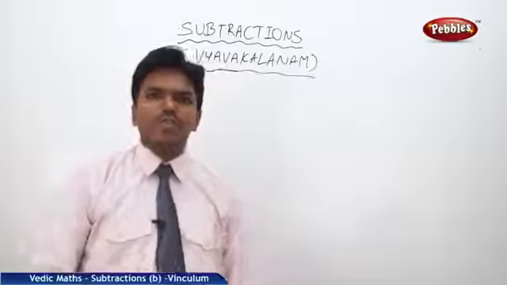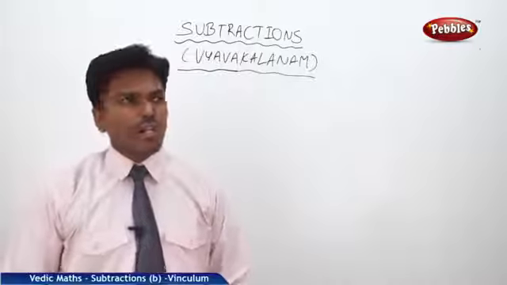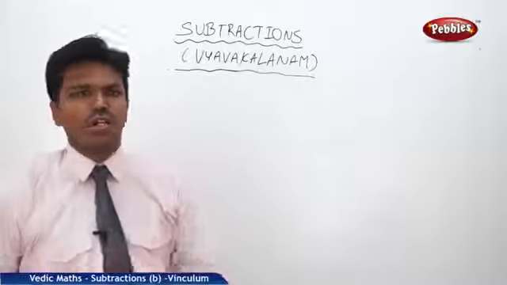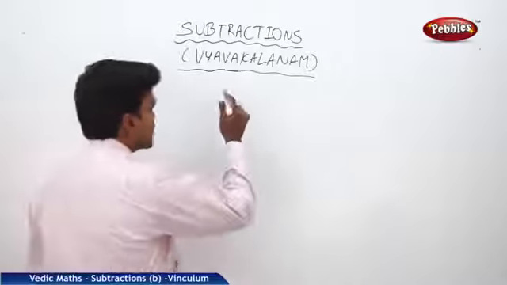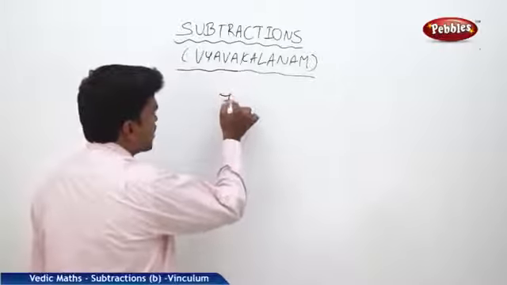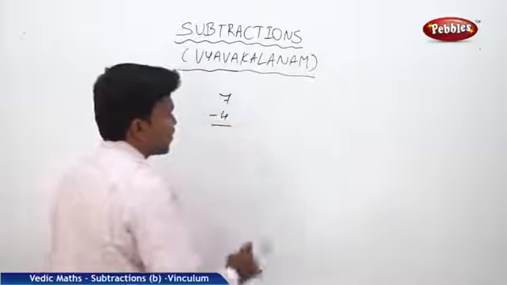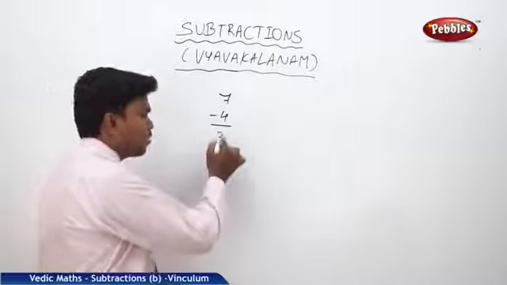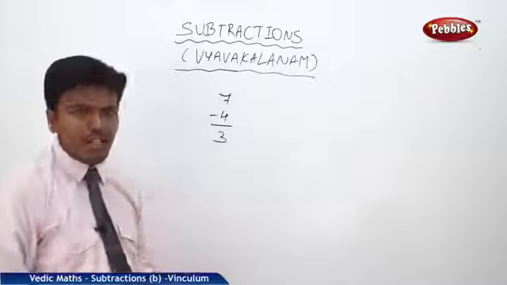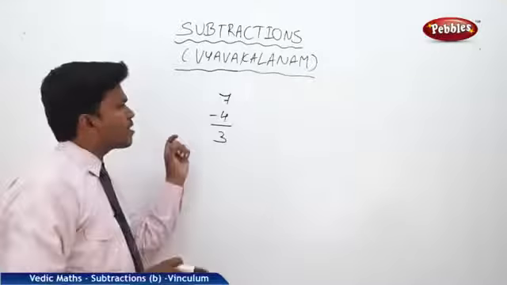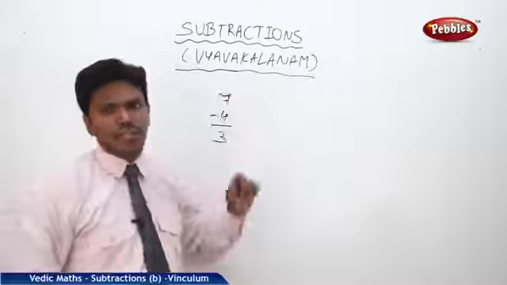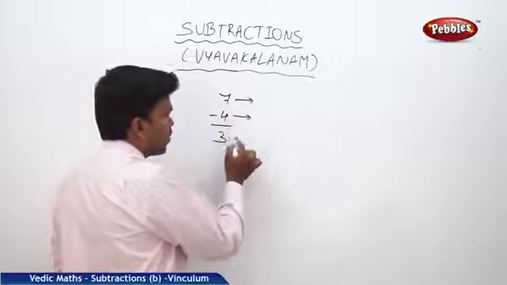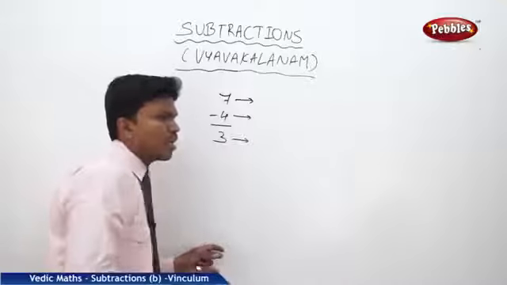Now, so we got the basics of subtraction. Before starting subtractions, I will give one more basic. Suppose you are subtracting 7 minus 4. Of course I know the answer is 3, and I know that you also know the answer is 3, but there are some specific terms for this subtraction. The above number, the below number and the answer all have specific terms.